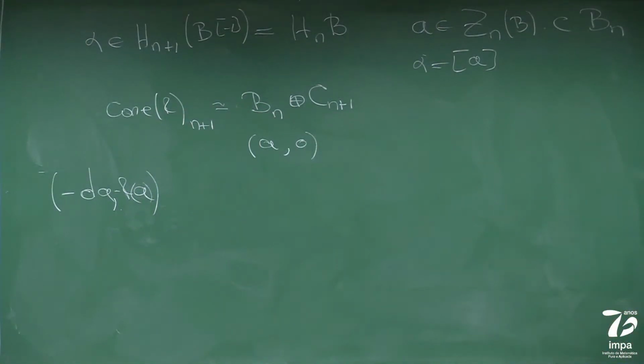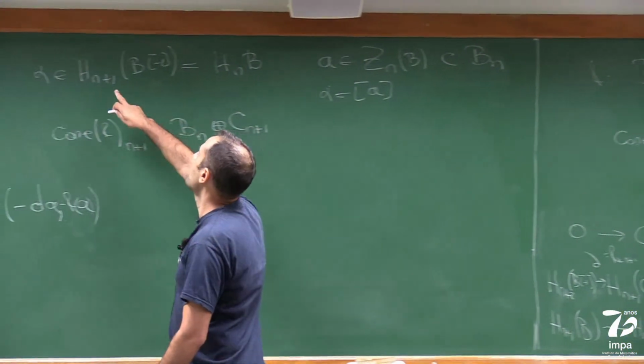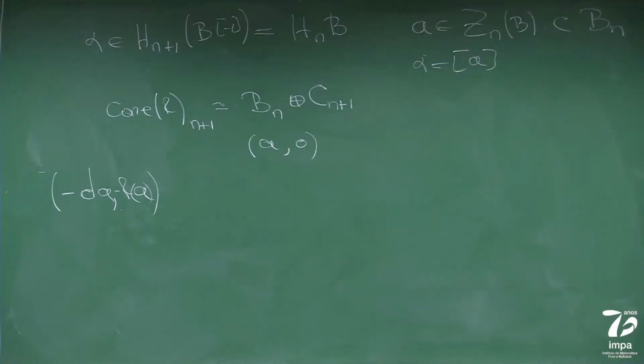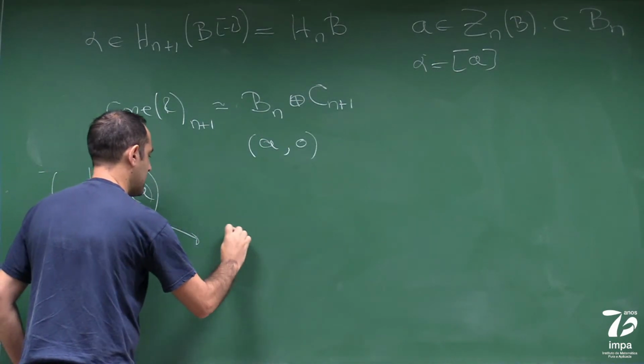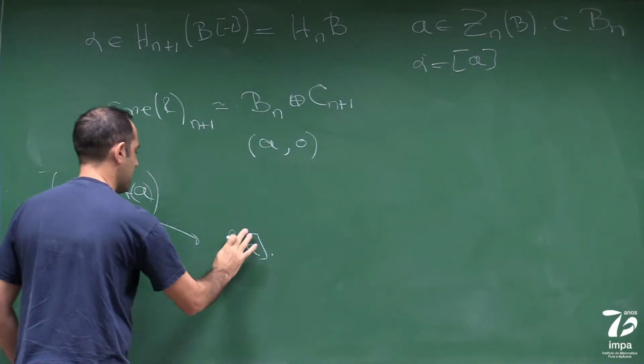I'm looking for a class. I don't remember if I'm doing this from Hn plus 1 for this, and I want to land in Hn of F, of C. Okay? So, well, that's it. So this guy here is in the class of F. Okay.